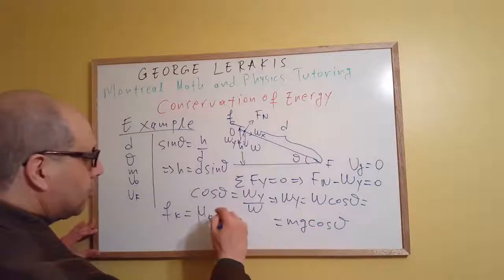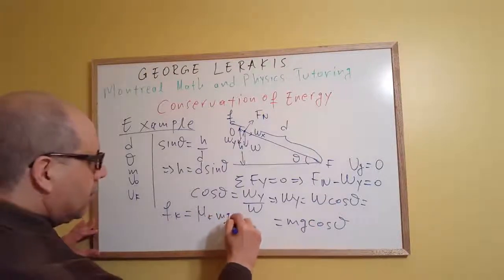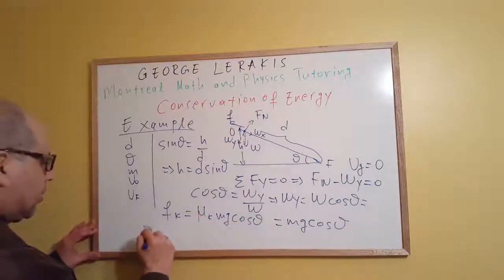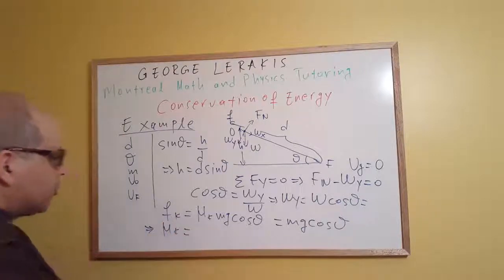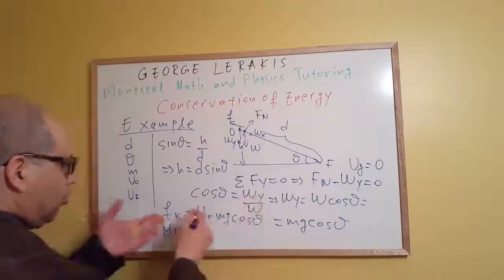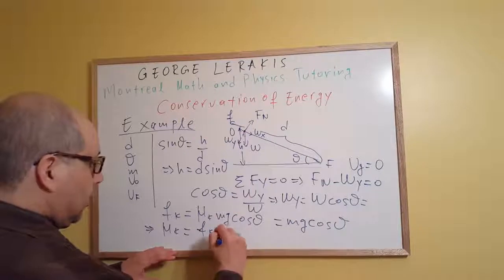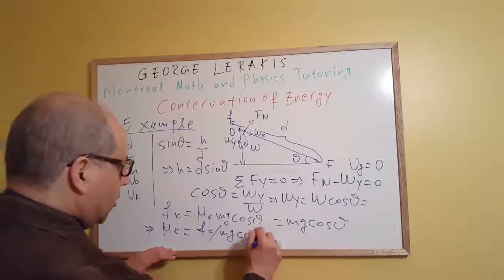The normal force we know here is mg cos theta. So from that you can get that mu k, the coefficient of kinetic friction, has to be equal to Fk, which we already know from part A of this problem, over mg cos theta.